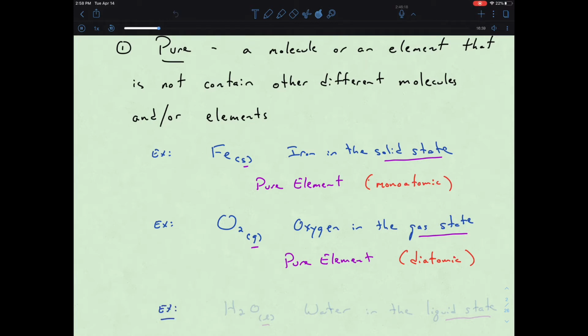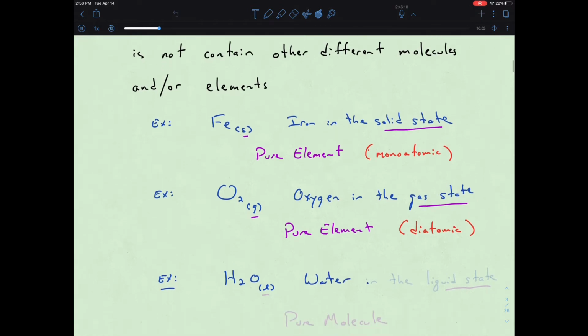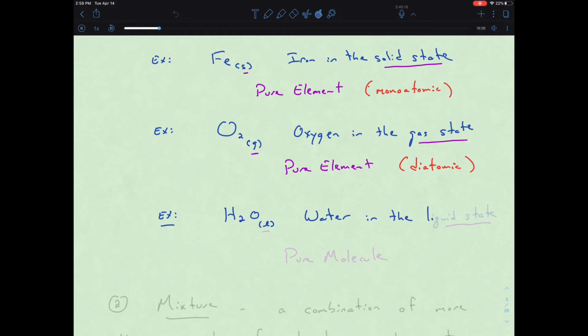We could also look at a molecule or a compound. And so here is something I'm sure we're all familiar with, right? This is water. And it's actually in the liquid state. So we have the little l, the little cursive l.